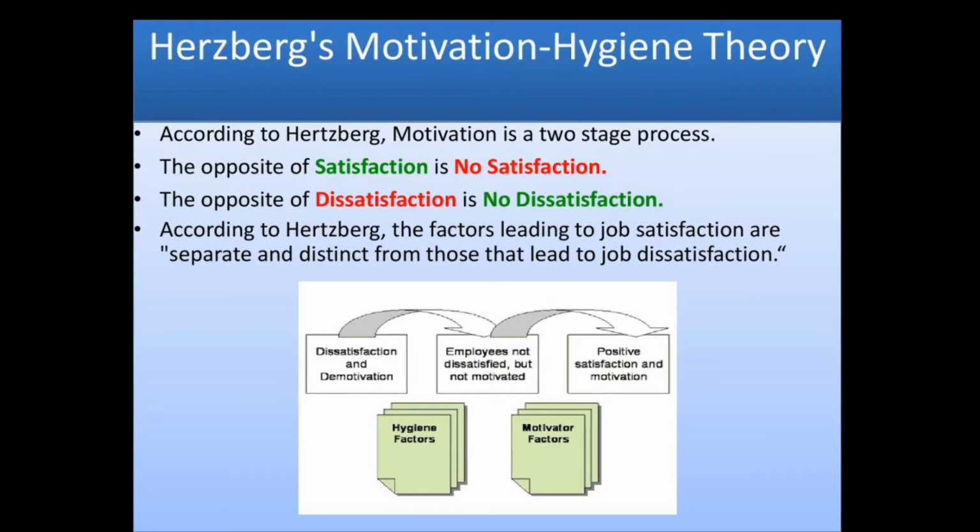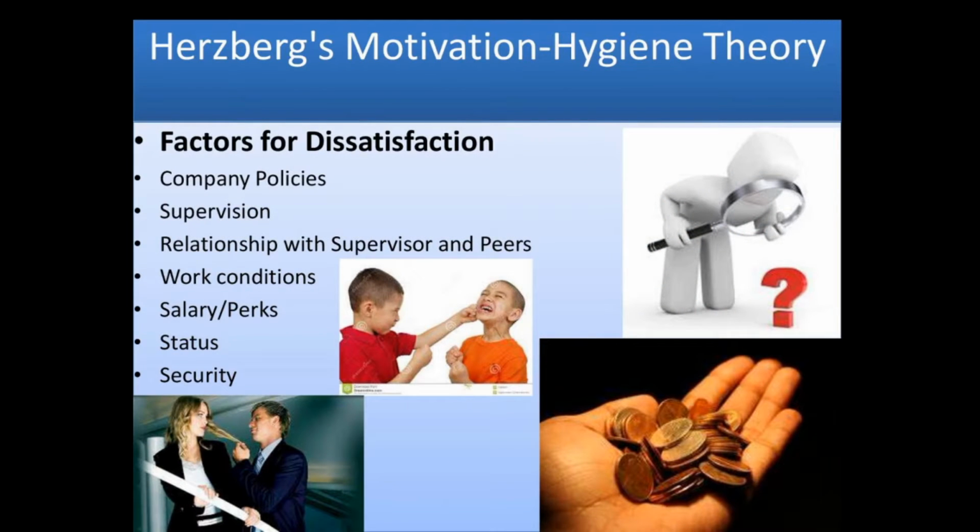See, according to Herzberg, the factors leading to job satisfaction are separate and distinct from those leading to job dissatisfaction. Okay, please understand. Factors leading to dissatisfaction are separate and distinct from those that lead to job satisfaction. We'll see, don't be confused now itself.